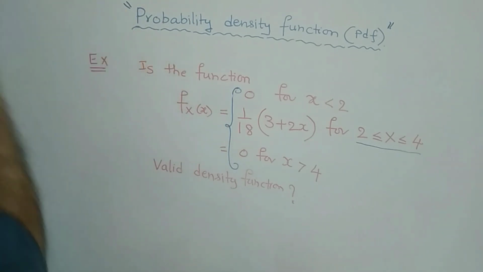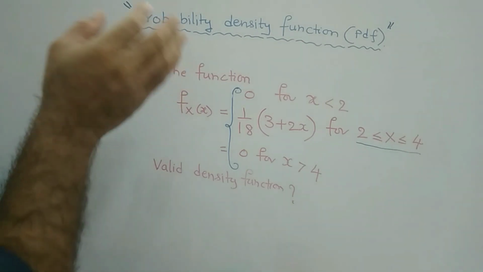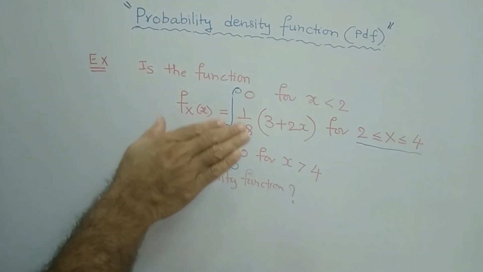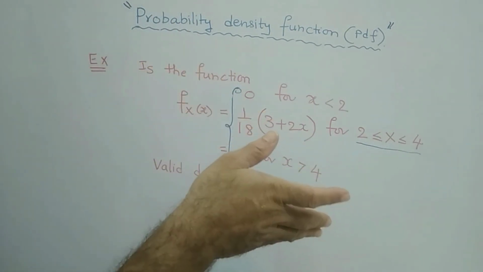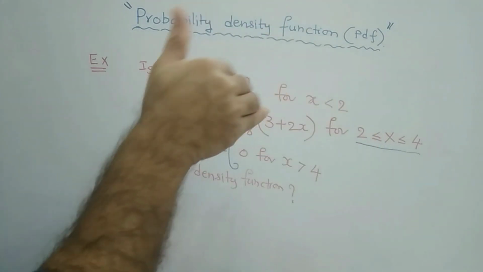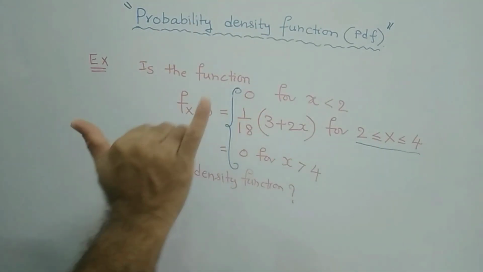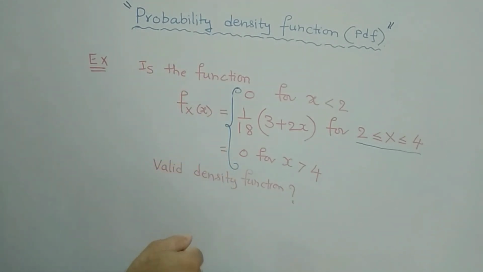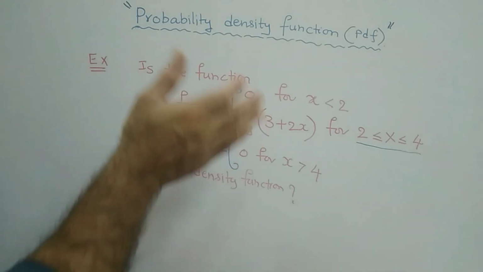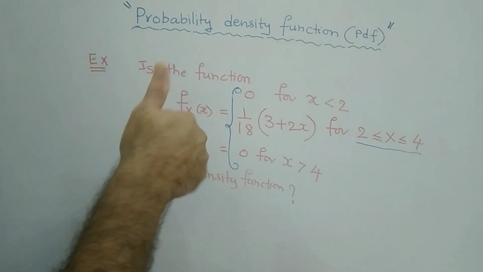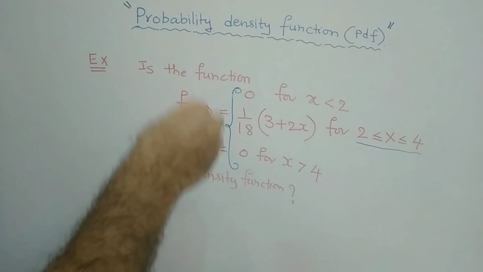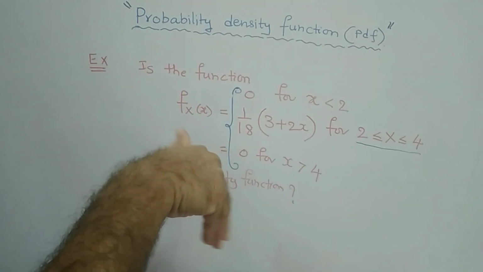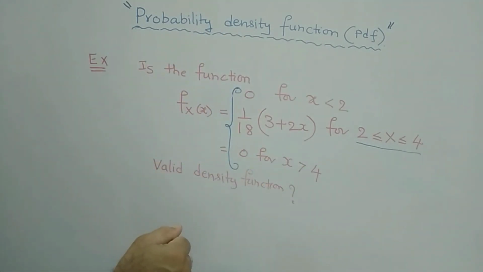In theory, if the given distribution function is a valid distribution function, then its density function is also a valid density function. That is the simple thing.